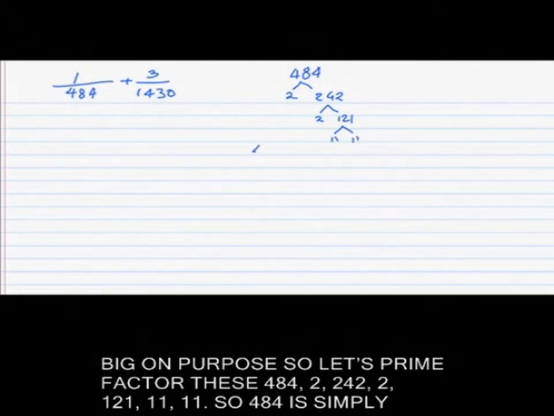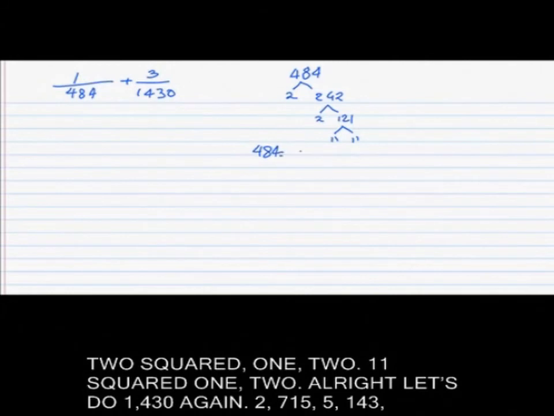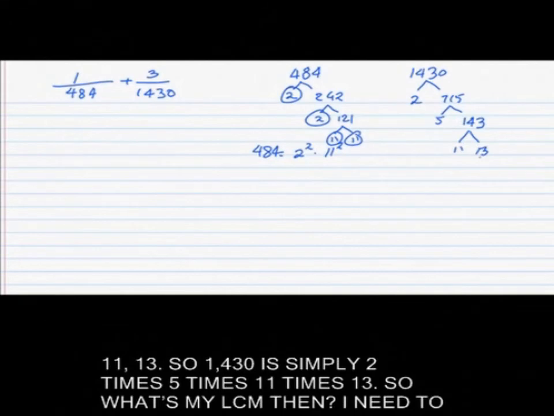So 484 is simply 2 squared times 11 squared. All right, let's do 1,430 again. 2 715, 5 143, 11 13. So 1,430 is simply 2 times 5 times 11 times 13.